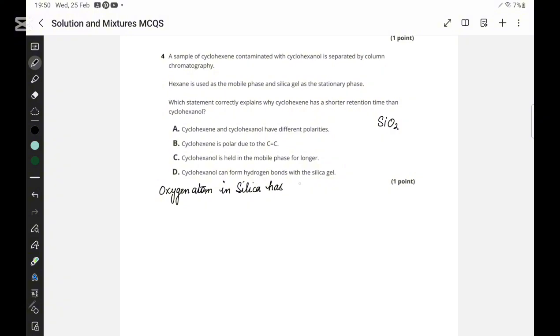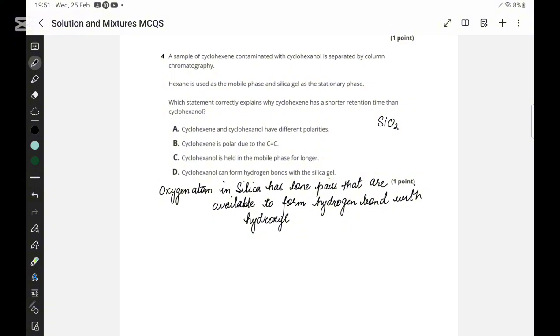Oxygen in silica has lone pairs, and those lone pairs are available to form a hydrogen bond with the hydroxyl hydrogen of cyclohexanol.